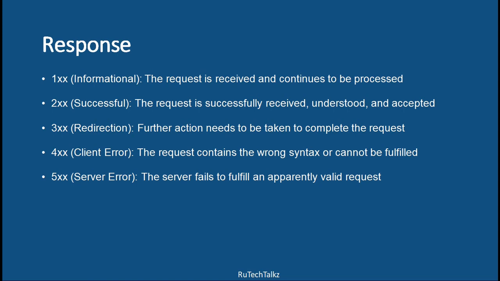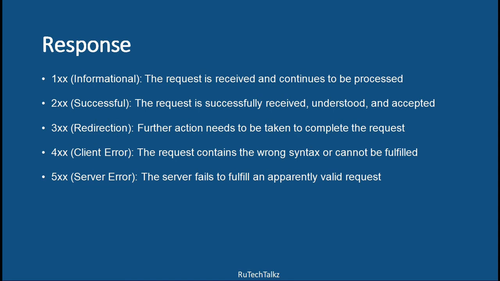The 300 series means redirection. Further action needs to be taken to complete the request. 400 is for client error. The request contains the wrong syntax or cannot be fulfilled. And 500 is the server error. The server fails to fulfill an apparently valid request.